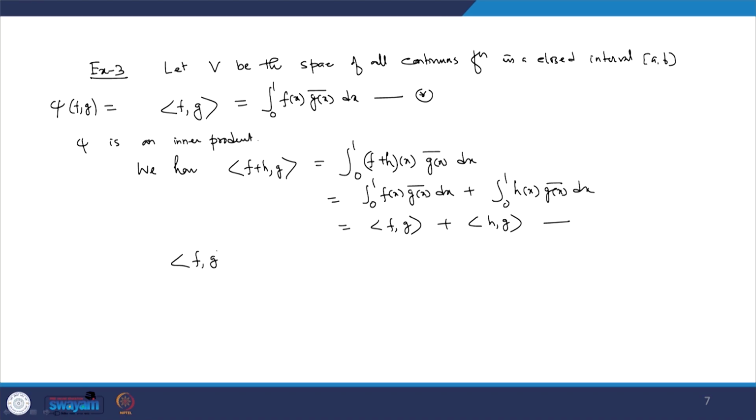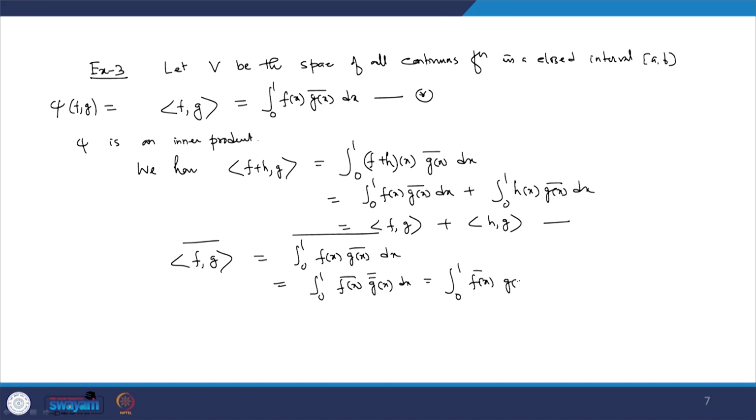The inner product of f, g, taking the bar, is equal to the integral from 0 to 1 of f(x) and g(x) bar dx, this whole bar, and this is equal to the integral from 0 to 1 of f(x) bar and g(x) bar bar, which is equal to the integral from 0 to 1 of g(x) f(x) bar, which is equal to the inner product of g and f. So the inner product of f, g bar is equal to the inner product of g, f.